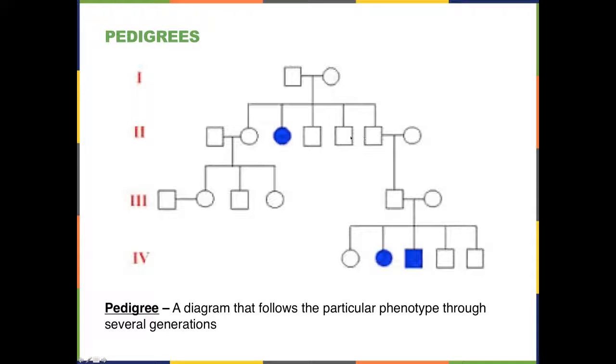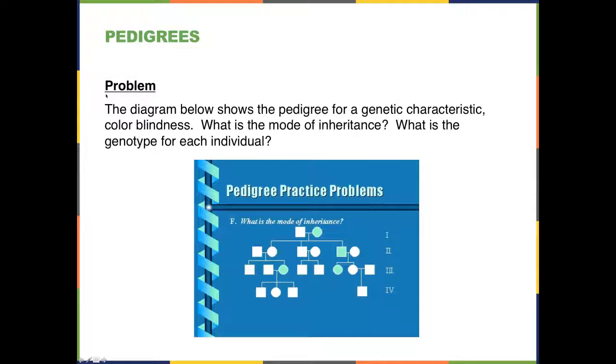So these 5 children, 3 are unmarried, 2 are married. Here's a female that's married and a male that's married. This male has 1 child that's a male who's also married, and they have 5 children, 3 boys and 2 girls, 2 of which are blonde. And these 2 are married. They have 3 children, none of which are affected, 1 male and 2 females, and this one is married. So you have 4 generations.